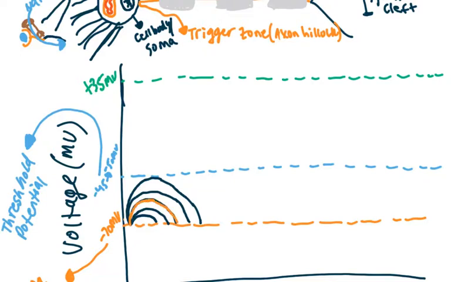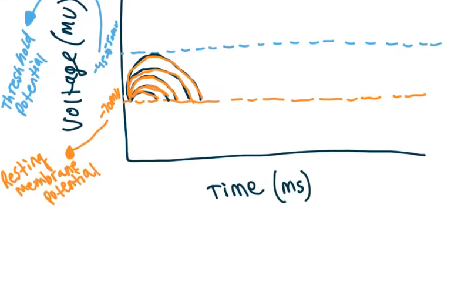So these temporal summations and spatial summations involve the neuron getting slowly depolarized, just slightly, right? It was because of the sodium cations that were coming in. So let me label that out.